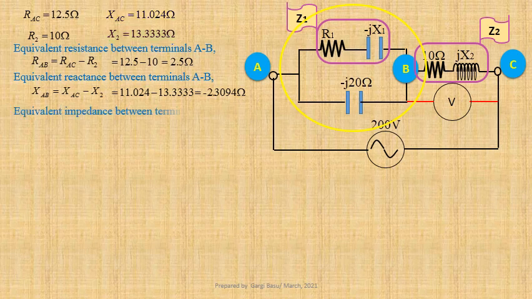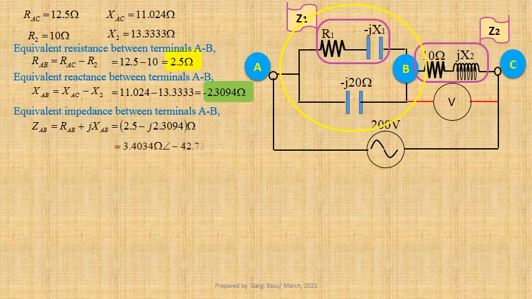Equivalent impedance between terminals A and B, ZAB equals RAB plus jXAB, that is 2.5 minus j2.3094 ohm. This may be written as 3.4034 ohm at an angle minus 42.7301 degree.